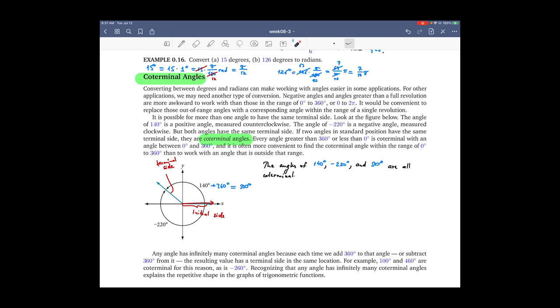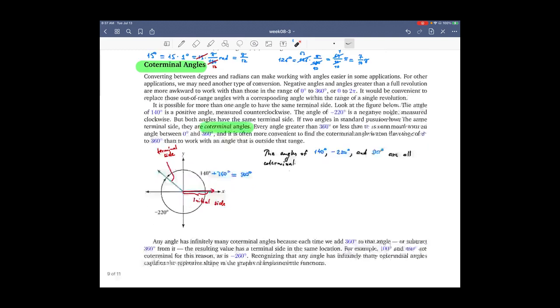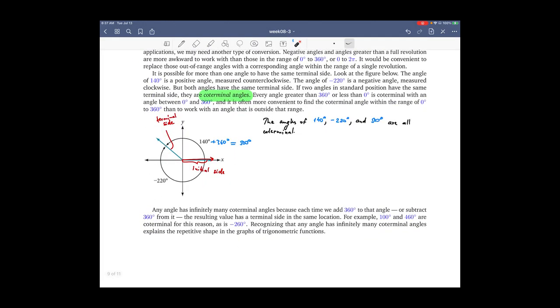Again, it means that when written in standard position, they have the same initial side and terminal side. 140, negative 220, and 500. It should be immediately clear that any angle has infinitely many coterminal mates, coterminal angles. Take any angle you want, add 360 to it, another 360, another 360.